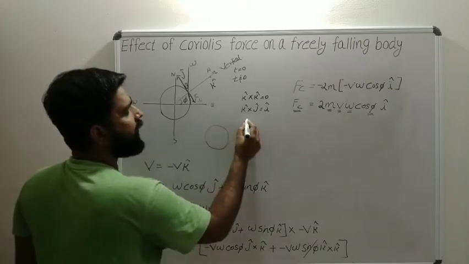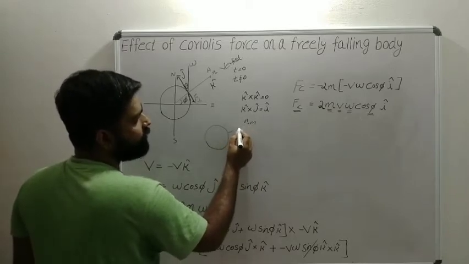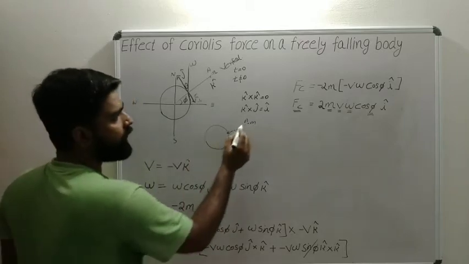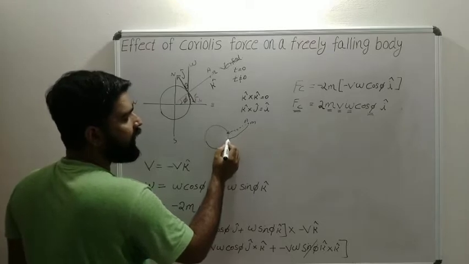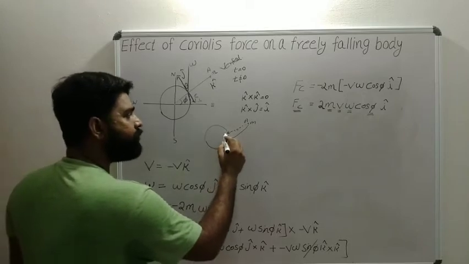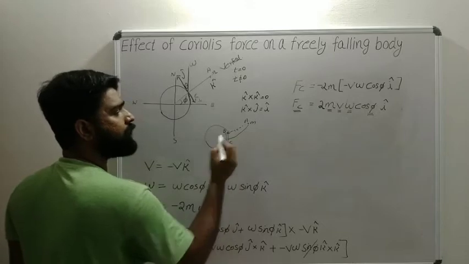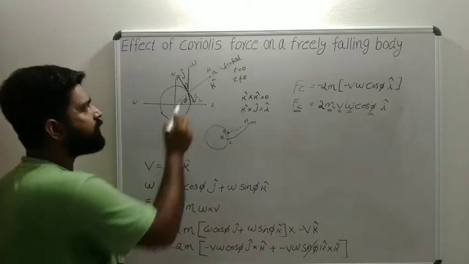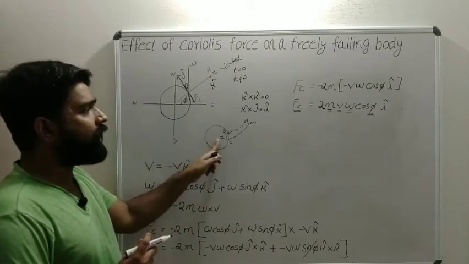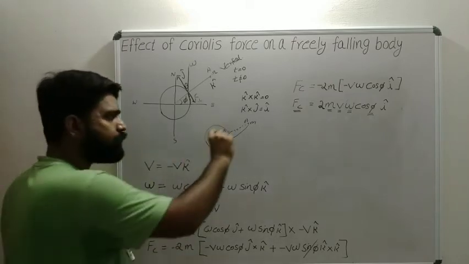This is the point A and the mass m is free falling. We expect after time t it will reach here, but actually there is a path deviation and it will reach the point C. So there is a path difference between the points B and C. We can represent it by the letter X. This is X. So how can we calculate this value of X, or this path difference?